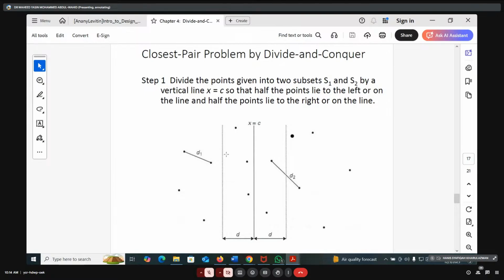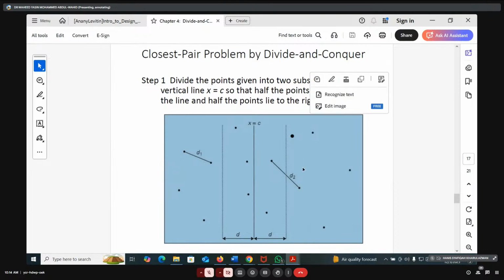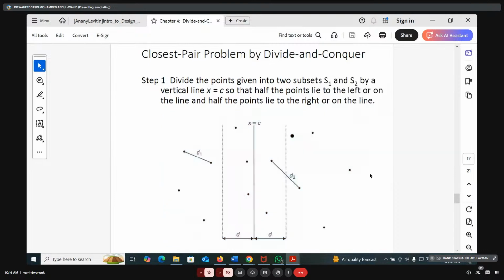Again, after we make the median, in this part maybe will be the closest pair, meaning the minimum D between two points. And maybe it will be in the left and the right side of the plane.